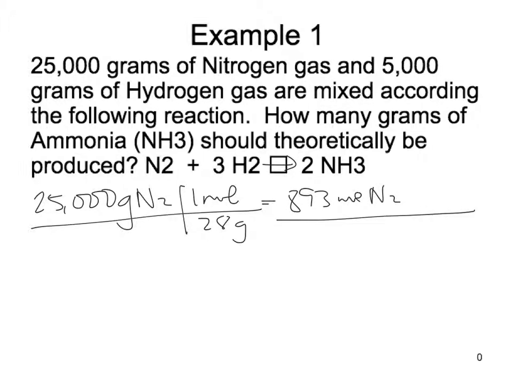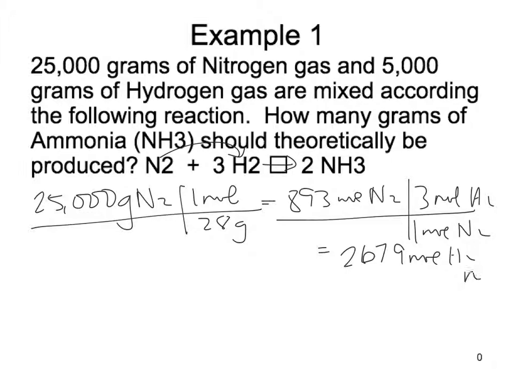Step 2, we're going to find out what is needed of the hydrogen. And for every 1 mole of nitrogen, we're going to need 3 moles of hydrogen. So we are going to need 2,679 moles of hydrogen. That'll be need.